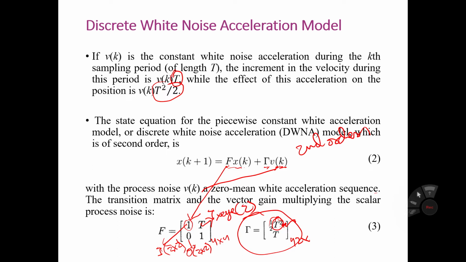So the gamma is the noise gain, which is multiplied with the v of k.